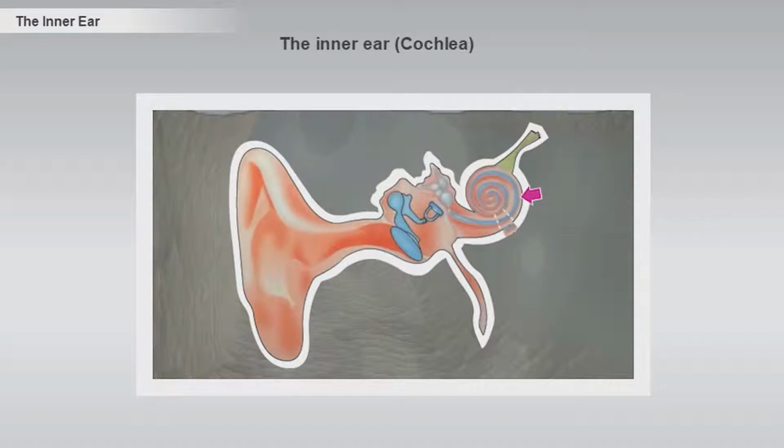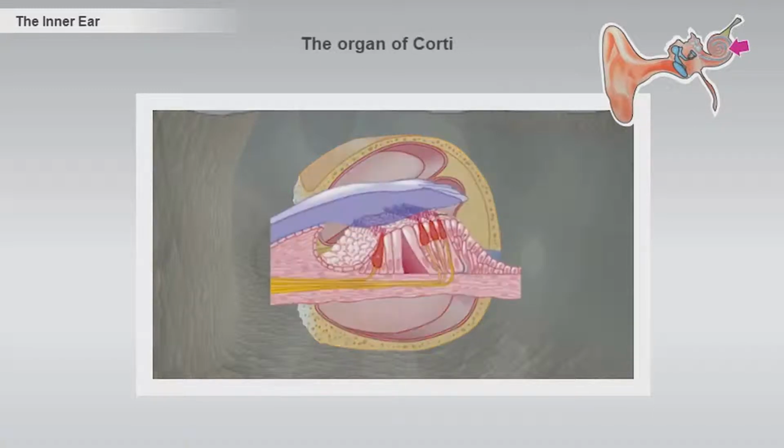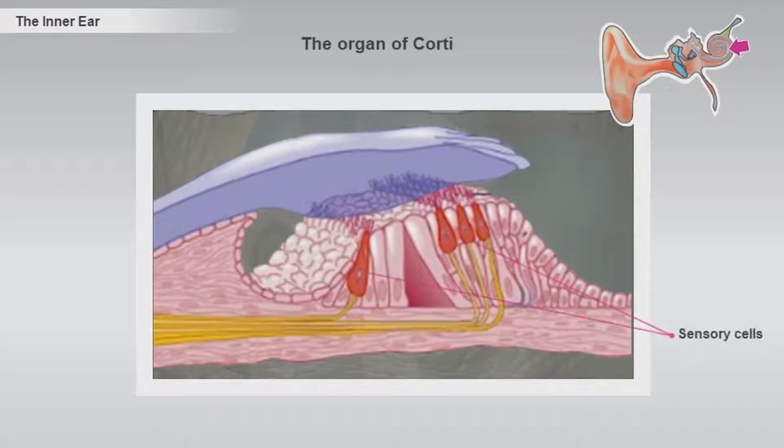The individual coils are divided into 3 fluid-filled canals that extend throughout the length of the cochlea. In the middle canal, we find the organ of Corti, which contains the sensory cells, the so-called hair cells that connect to the nerve fibers. In the middle of the cochlea, all nerve fibers are gathered into one nerve, the hearing nerve.